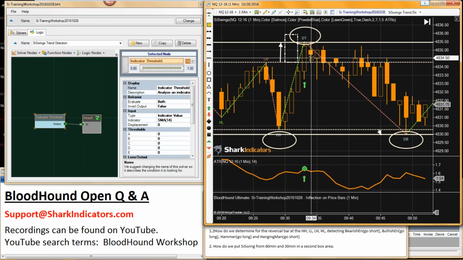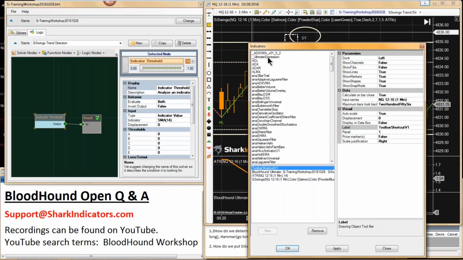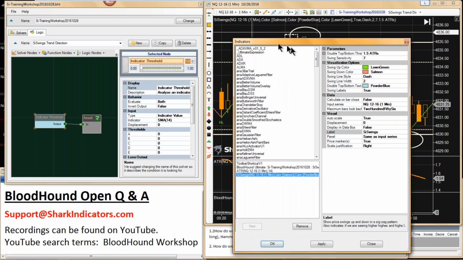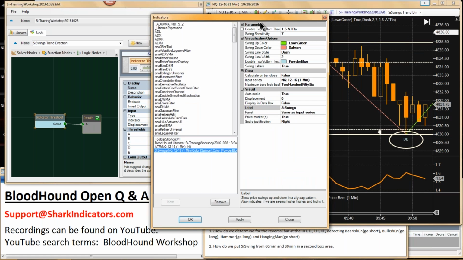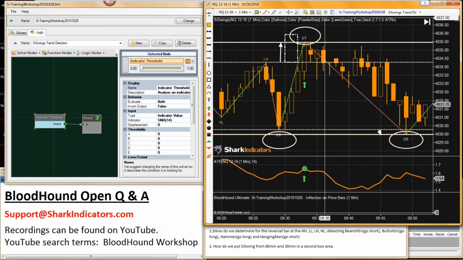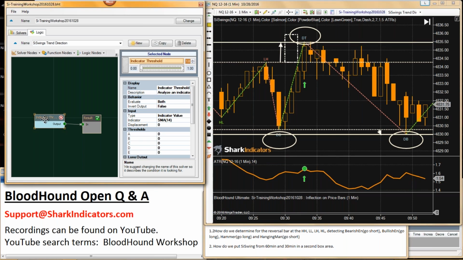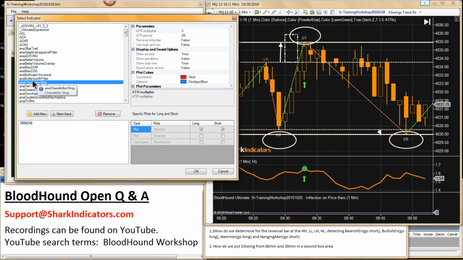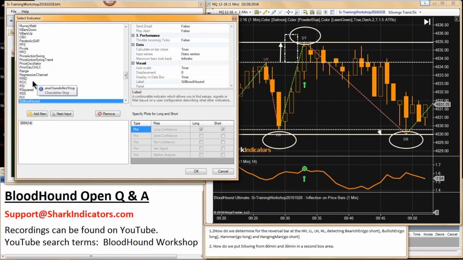If we go into the indicator list, we can see that there is no plots section here for this indicator. It's drawing lines or text on the chart. So you have to use the threshold solver to look at the various data series coming out of this.